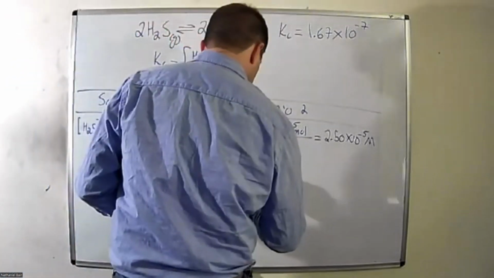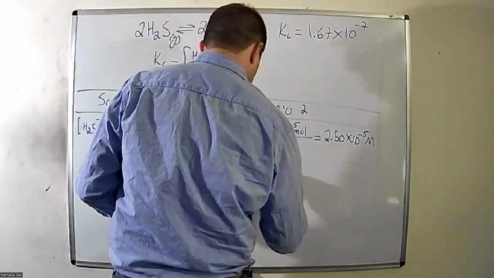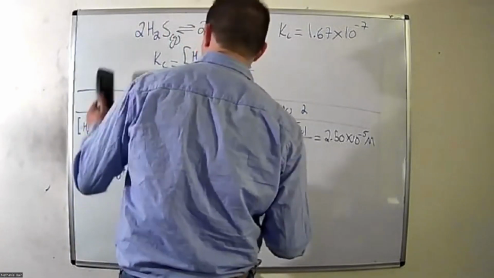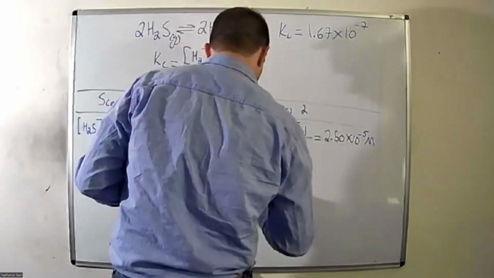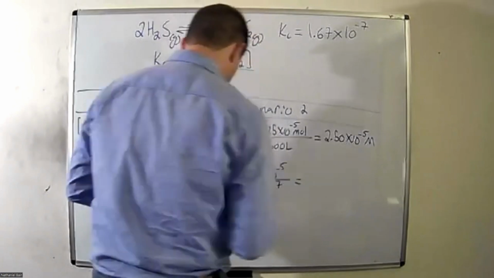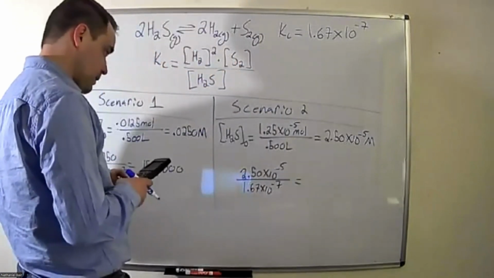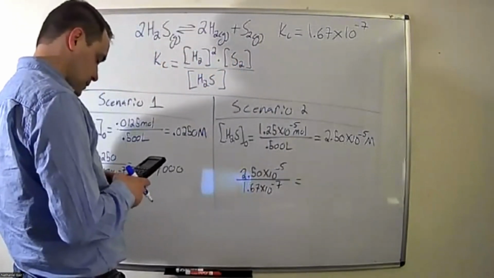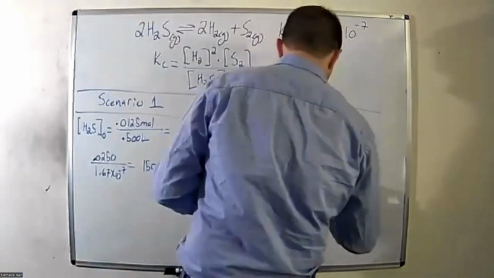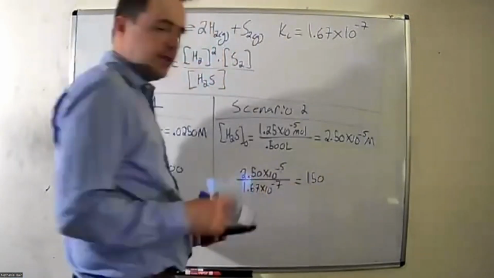Let's go over here and do this one. If we take our smallest initial concentration, now it's 2.50 times 10 to the negative fifth, and we divide it by our constant, 1.67 times 10 to the negative 7th, we only get 150. What does that mean?